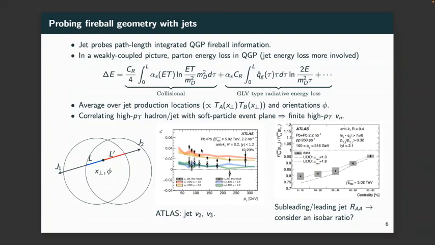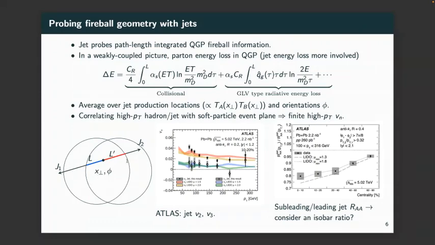There are other observables people try to think about to make this type of measurement more accurate. There is a recent measurement from ATLAS. They call it the leading-subleading jet modification ratio. So in this case, you consider not only one jet, but also try to measure the recoil jet.